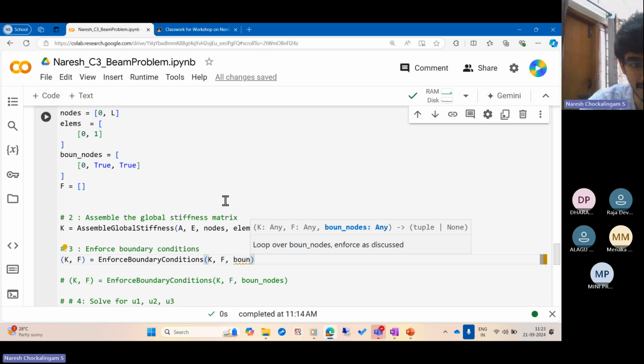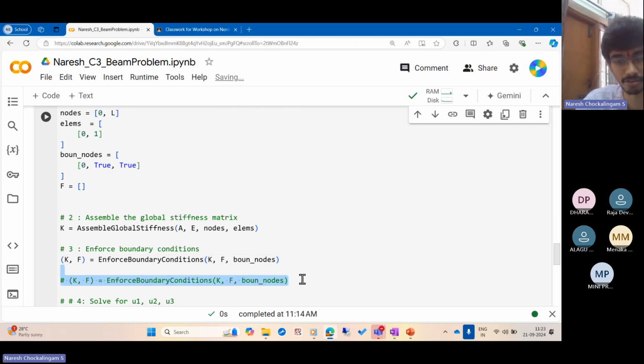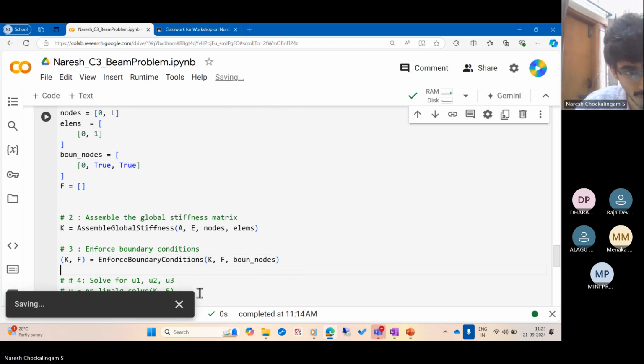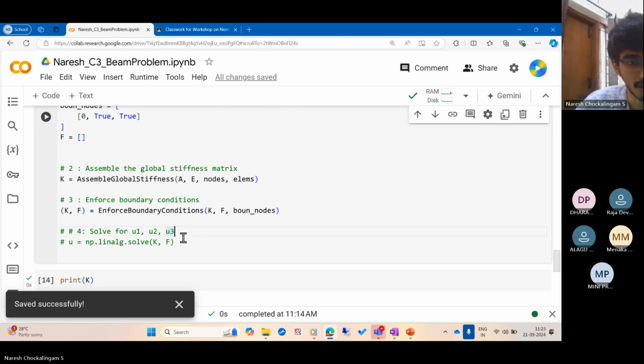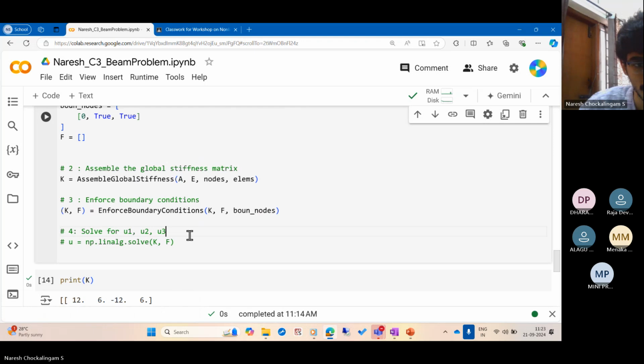Oh, it's actually there, I didn't have to type bound nodes. Okay. Then the last step is just solution. I'm reusing the same code, np.linalg.solve this.